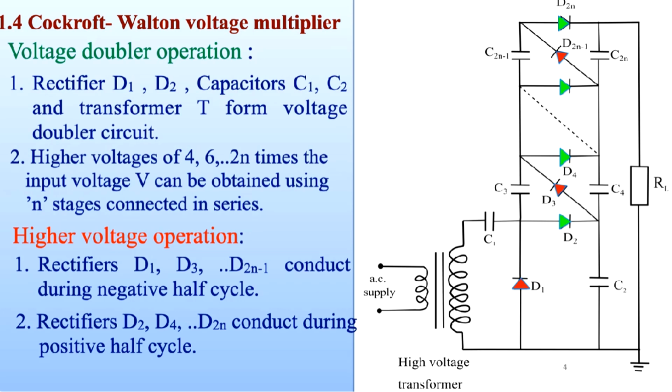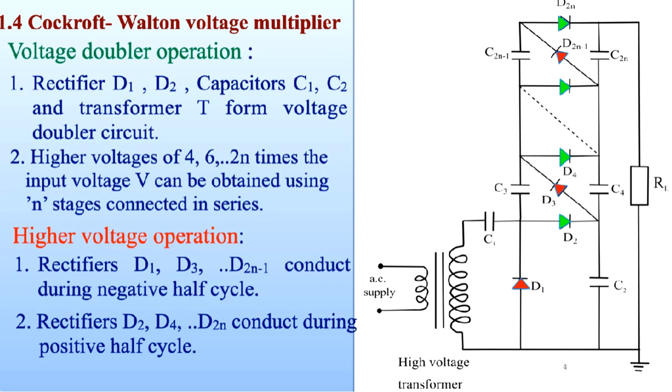We have a voltage doubler circuit, and here the steps are added up to the nth value. The capacitor starts from C1, and another capacitor added there is C2. In a voltage doubler circuit, we generally have two capacitors, C1 and C2, and the diodes placed are D1 and D2.